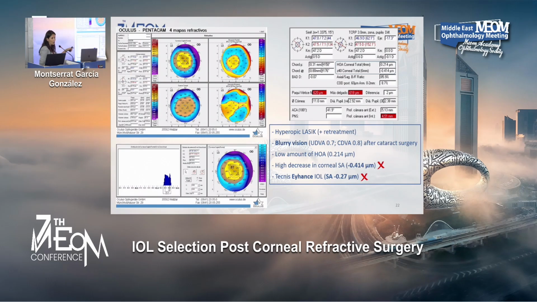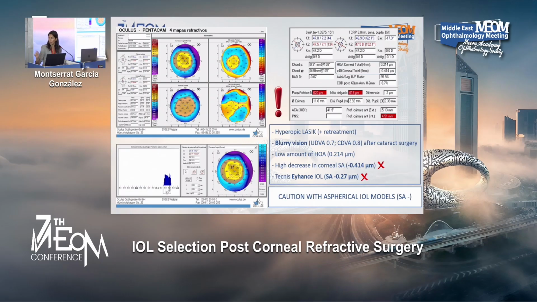They decided to put in a monofocal plus IOL from Johnson & Johnson that works with negative spherical aberration, trying to compensate for the spherical aberration of a virgin cornea. So the sum of those spherical aberrations was the cause of the blurred vision of the patient. So please, be cautious in these patients with all the models that have negative spherical aberration.